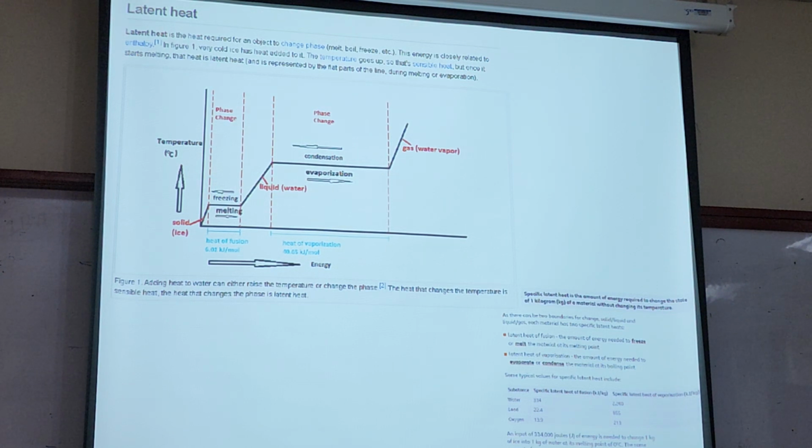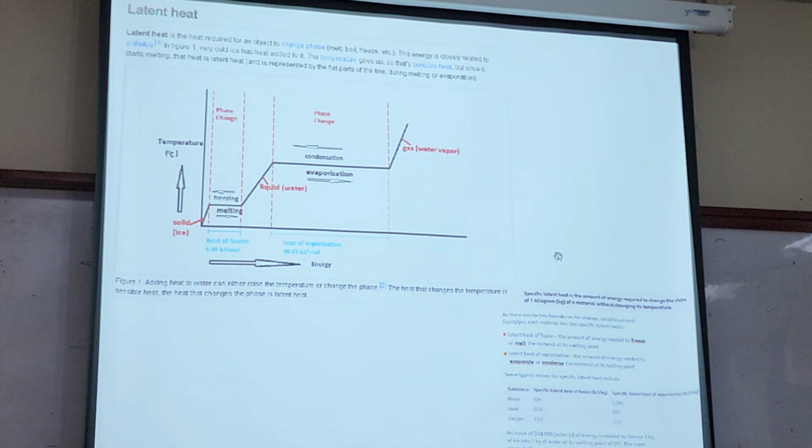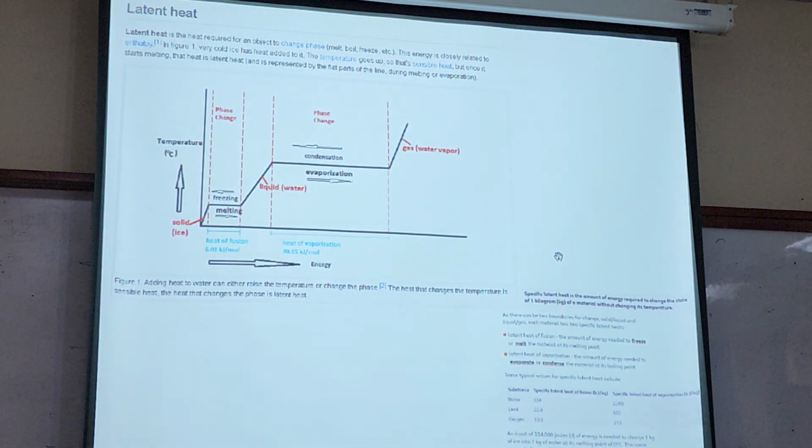This steam, this gas, if you further provide the energy, what's going to happen? This axis can go on. What's going to happen to your water vapor? Gone. Gone where? The fourth state of matter, plasma.